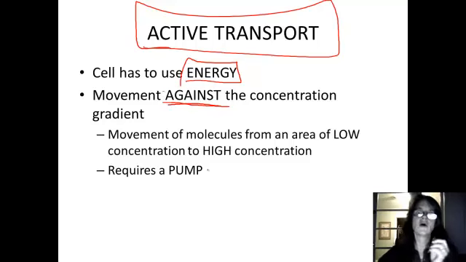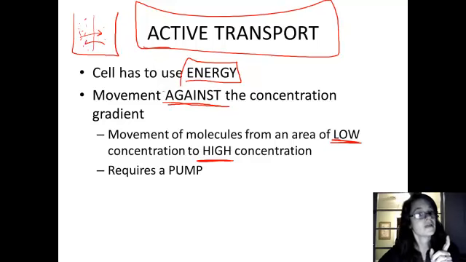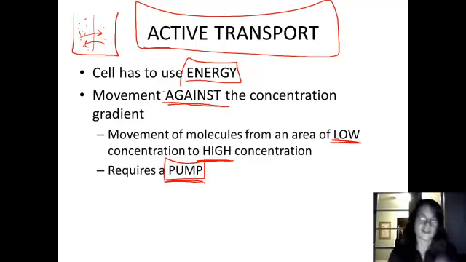What does that mean? We are going to move molecules from an area of low concentration to high, which is going to require us to go against their normal flow. Normally, molecules want to go from high to low, from this side to this side. What we are going to ask these molecules to do is go in that direction, low to high. This is going to require a pump, an energy input from the cell in order to do that.